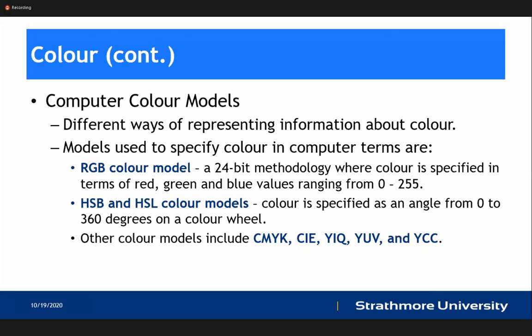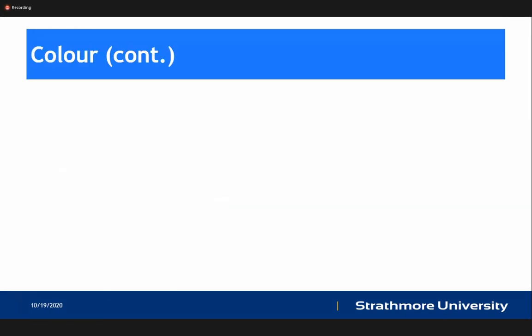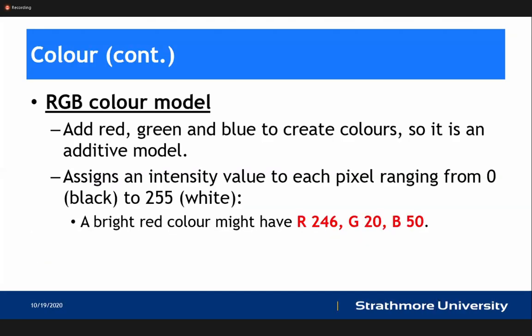HSB and HSL, which are more or less the same, are represented on a color wheel from 0 to 360 degrees. We'll see that shortly. So let's start with the RGB color model. This is red, green, and blue that creates all other colors.